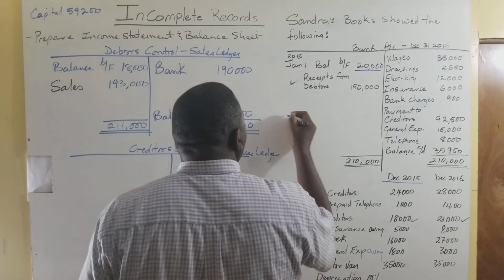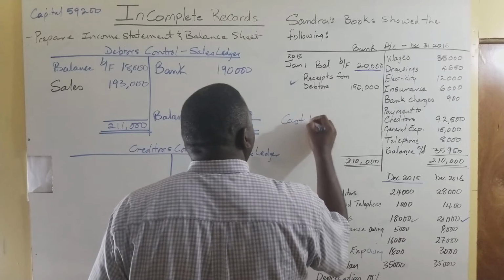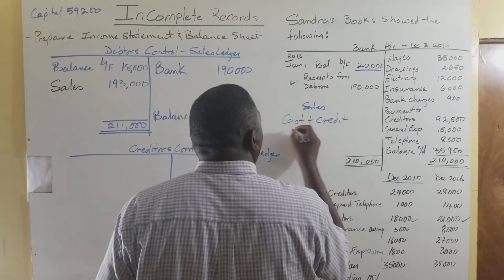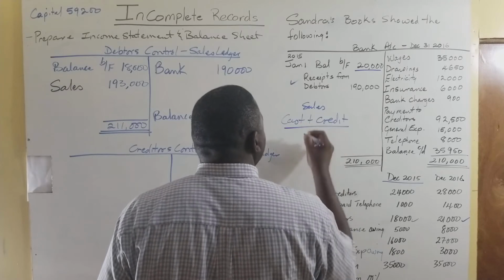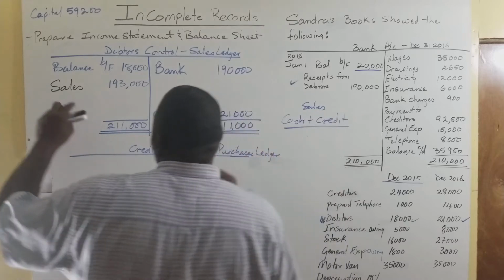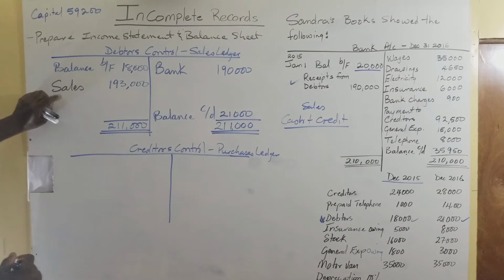The cash sales plus the credit sales, because really in the debtors control, the sales that we have here are credit sales.